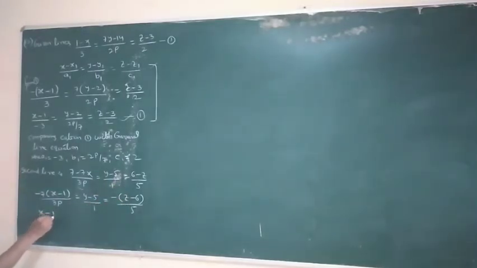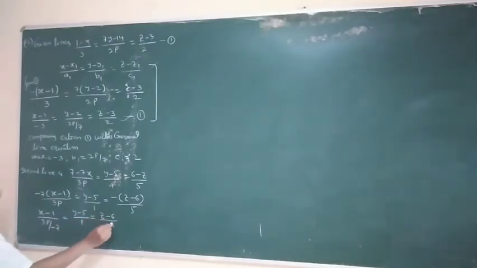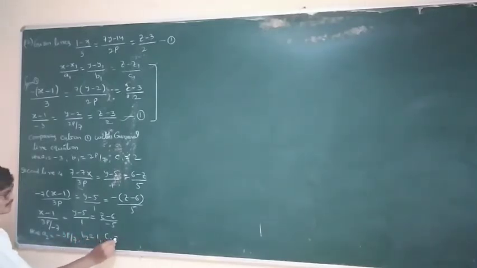So x minus 1 by 3p by minus 7, y minus 5 by 1 equal to z minus 6 by minus 5. Here a2 is equal to minus 3p by 7, b2 is equal to 1, c2 is equal to minus 5.